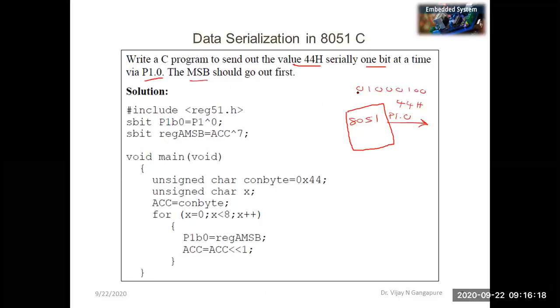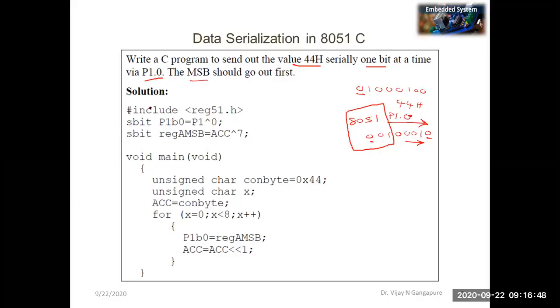Means first we output this MSB 0, then 1, then 0, then 0, then 0, then 1, then 0, then 0. In this way data should be outputted, first the MSB and last the LSB, on port pin P1.0. So that is the task for which this program is written.